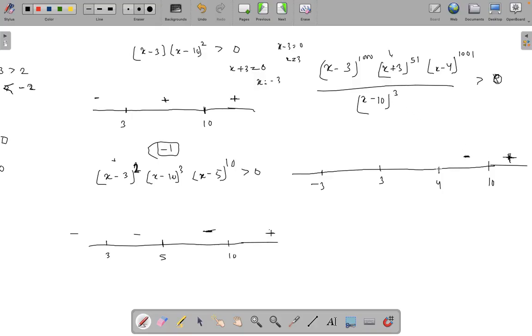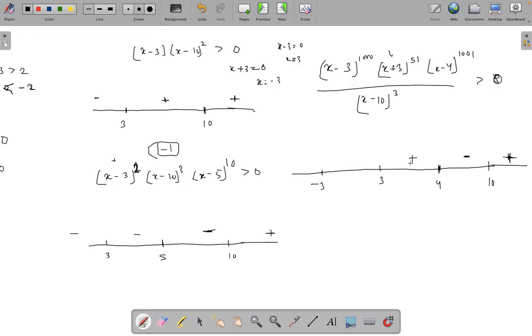Now you came to 4, look at the power of 4. Odd, so what will happen? You don't have to worry about negative or positive. If it is odd, the sign changes. If it is even, the sign remains the same. So it should be positive.